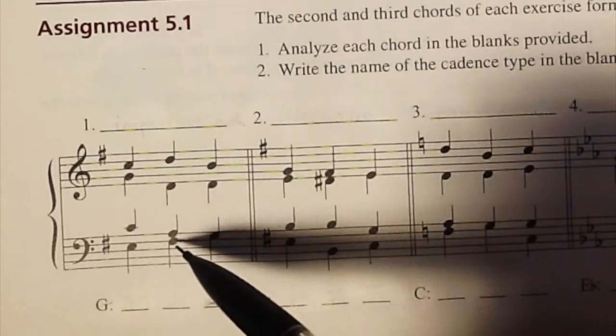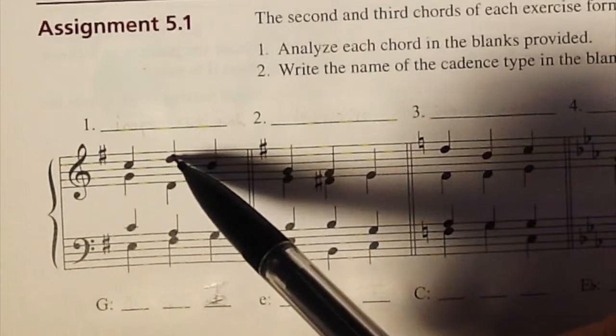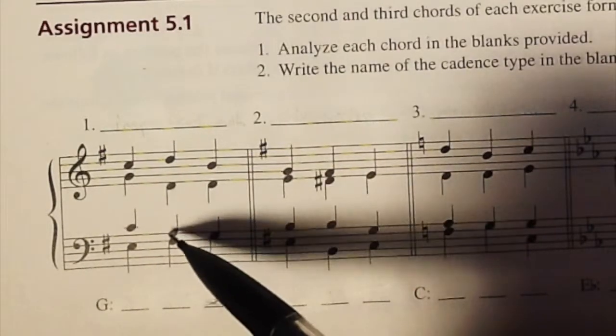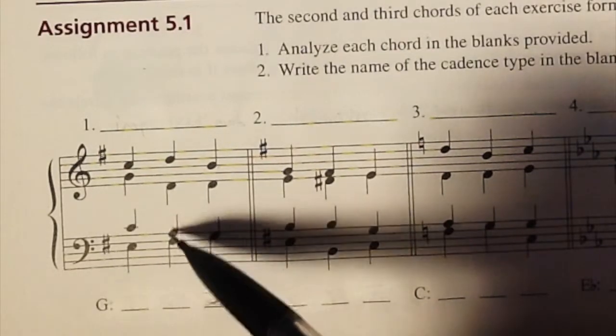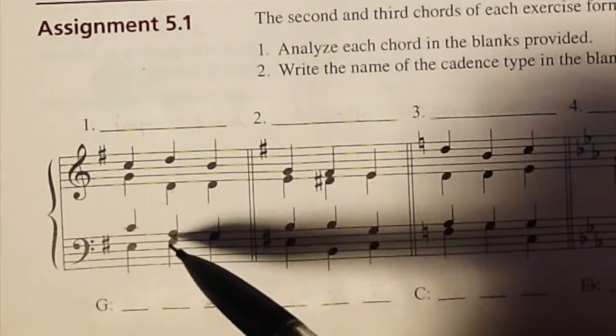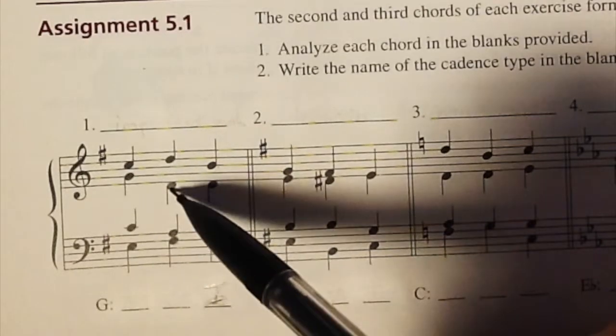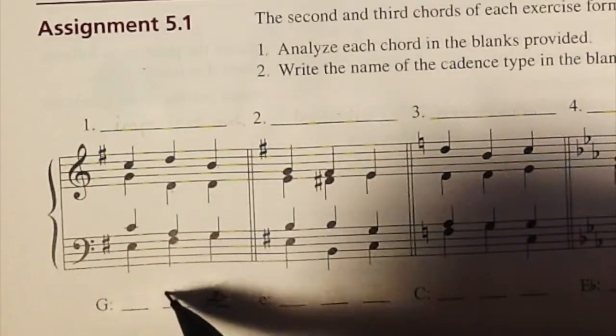The chord right before it, I have an F sharp, an A, a D, and another D. F sharp, A, C would be a chord, A, C, E would be a chord, and D, F sharp, A would be a chord. So in this case it's a D, F sharp, A chord. So since D is my root, D is the 5th note in the key of G, so it is a 5.